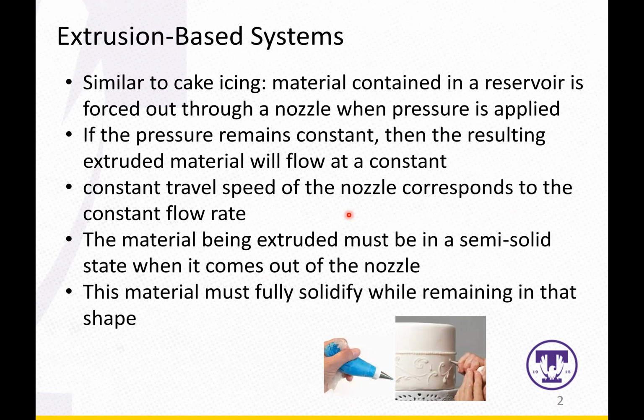So you can see there's a state transition, a phase transition actually, right? The material is originally in a solid state, and then it is transformed to a semi-solid state, and then it will solidify and become solid again.